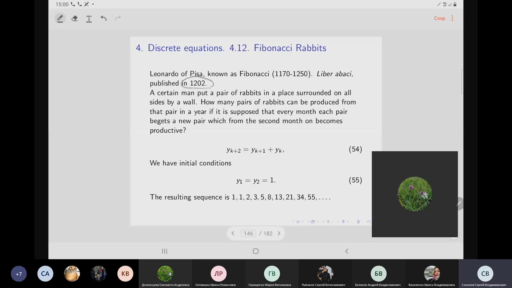So the equation itself is y_{k+2} is y_{k+1} plus y_k with initial conditions, meaning that there is only one pair of rabbits in the first and in the next month.